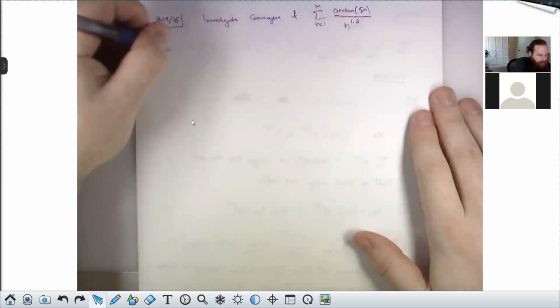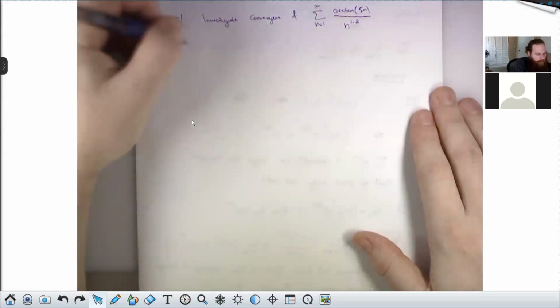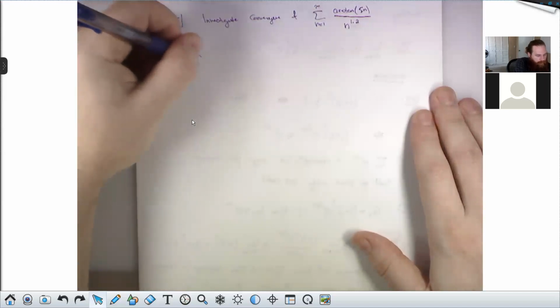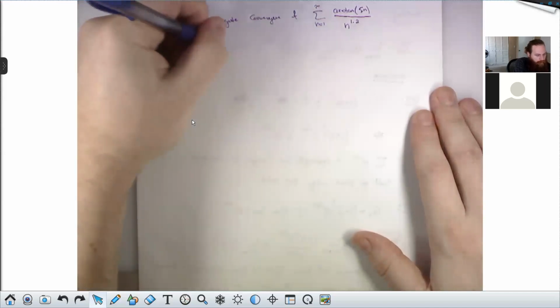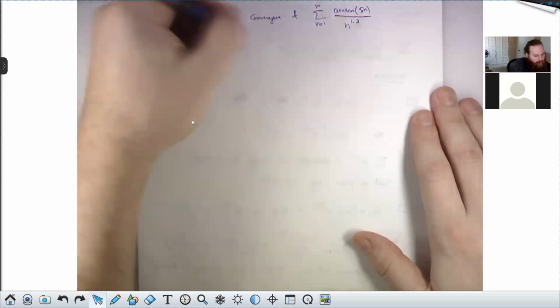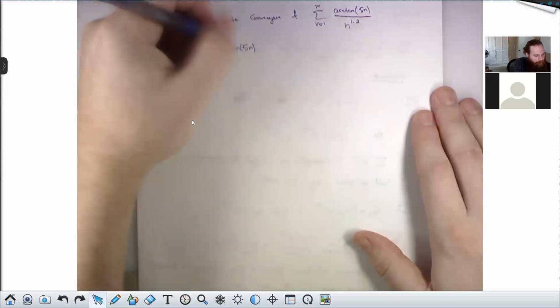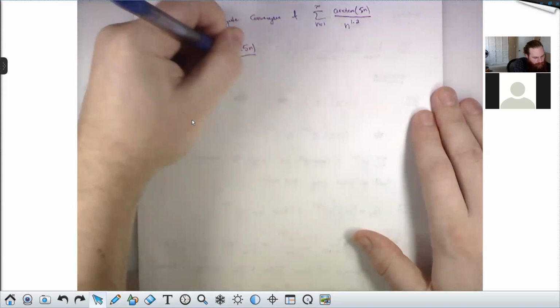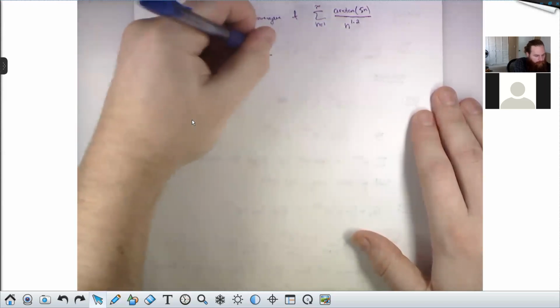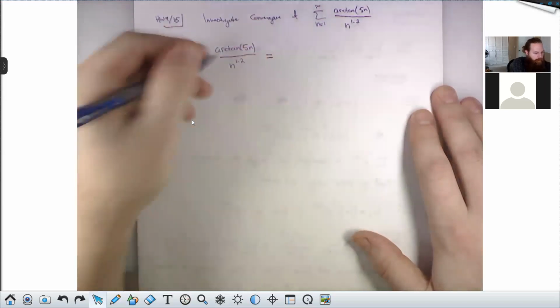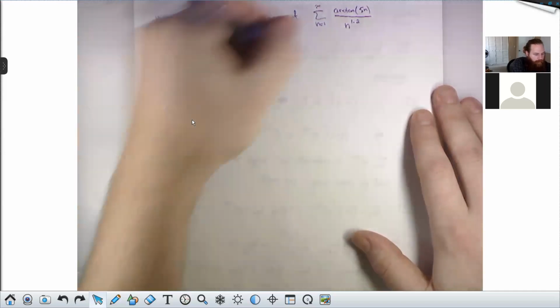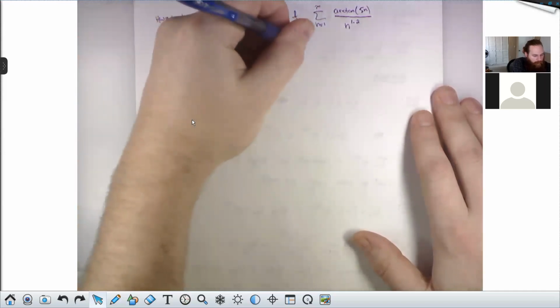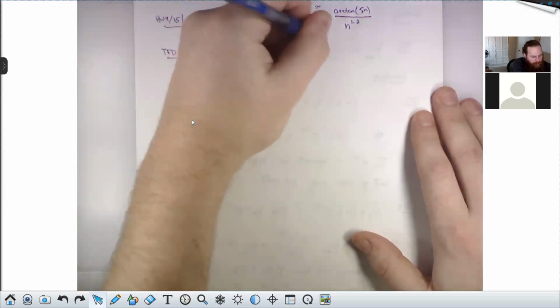First, let's run the test for divergence. The limit as n goes to infinity of arctan 5n over n to the 1.2. The top here, arctan of 5n, is going to arctan of infinity.